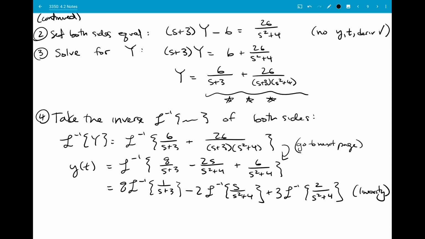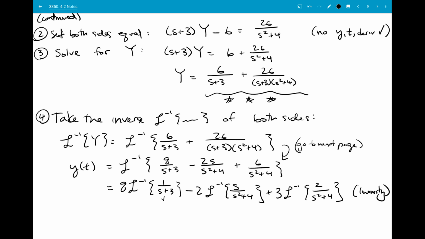And so this is just looking at our inverse Laplace table. L inverse of 1 over s plus 3 is an exponential type thing. When we have a equal to minus 3, then s minus a would be s minus minus 3, or s plus 3.